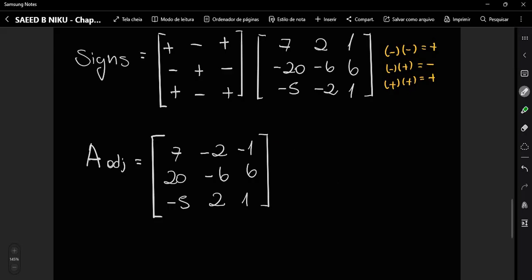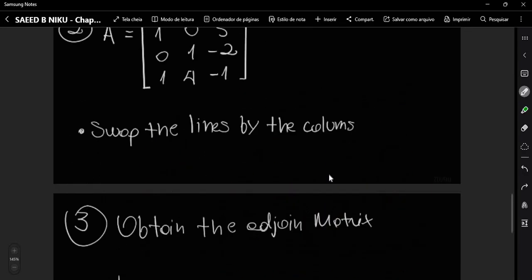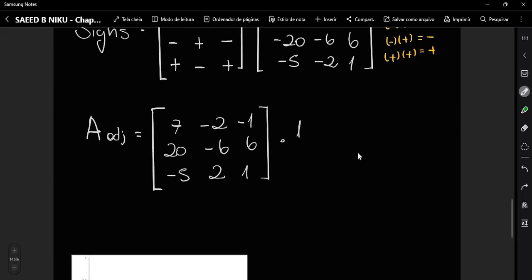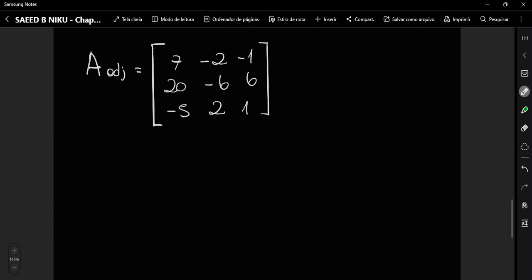So remember that we do 1 over the determinant, which is equal to 2. So the inverse of this matrix will be the adjoint of this matrix divided by the determinant of this matrix.